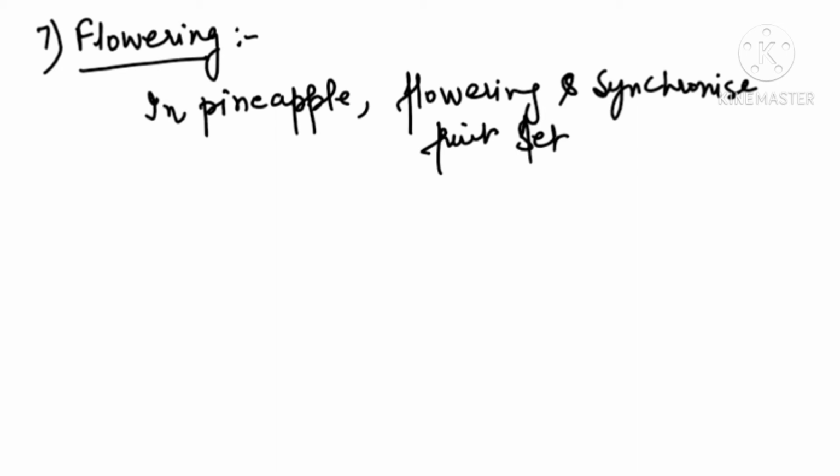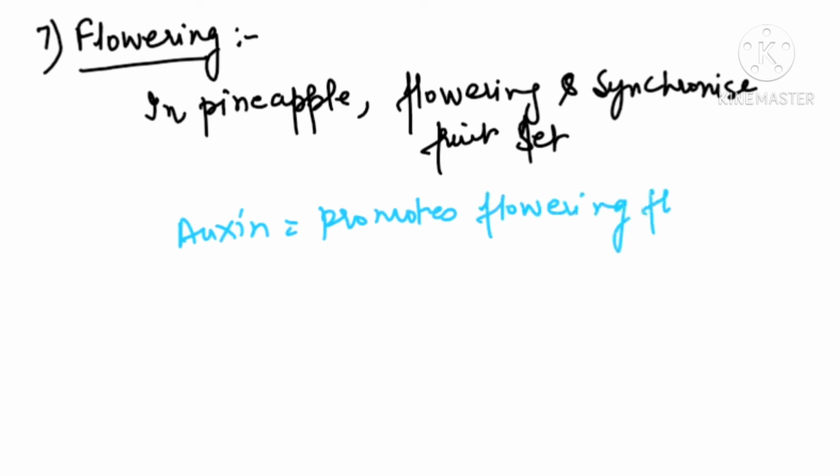Now, if you remember, auxin promotes flowering in pineapple. There only flowering is there, not fruit formation; they only promote flowering in pineapple. Check in your NCERT page 248, okay? And match it with page 250 of ethylene. A few areas you have to match.